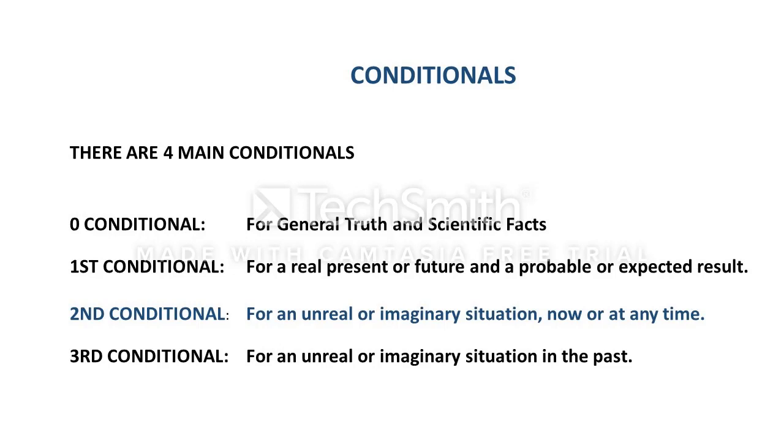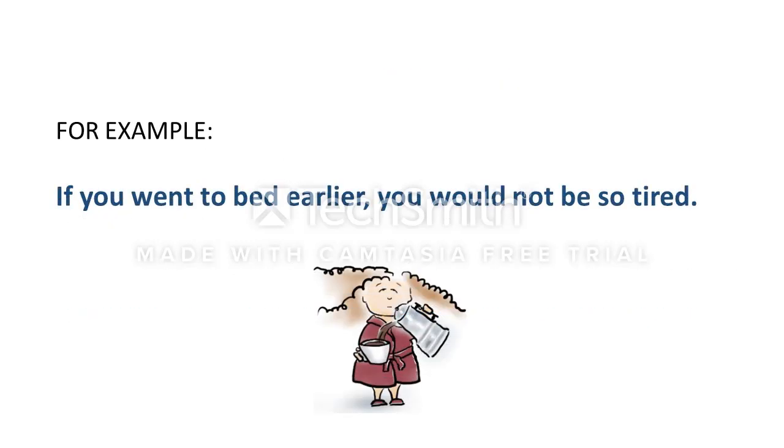And it's imaginary, it's hypothetical. That's the one we're going to study here. And then you have the third conditional, which refers to unreal or imaginary situations in the past. Okay, only. So let us look at an example you have here.